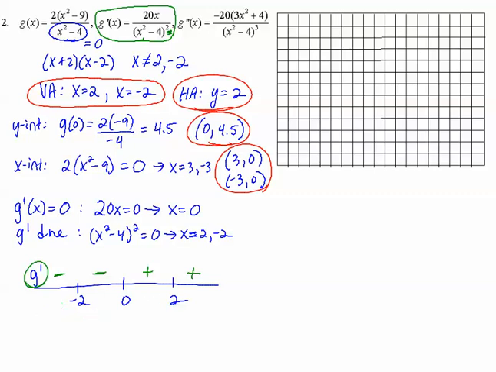Decreasing, decreasing, increasing, increasing. We know that there's a vertical asymptote happening here, and a vertical asymptote happening here, and therefore this is going to give us a relative min. So I know that at 0 there's a relative min, and earlier we plugged it in, we know that it's 4.5. So the intercept is the relative min. Let's circle that crucial point.